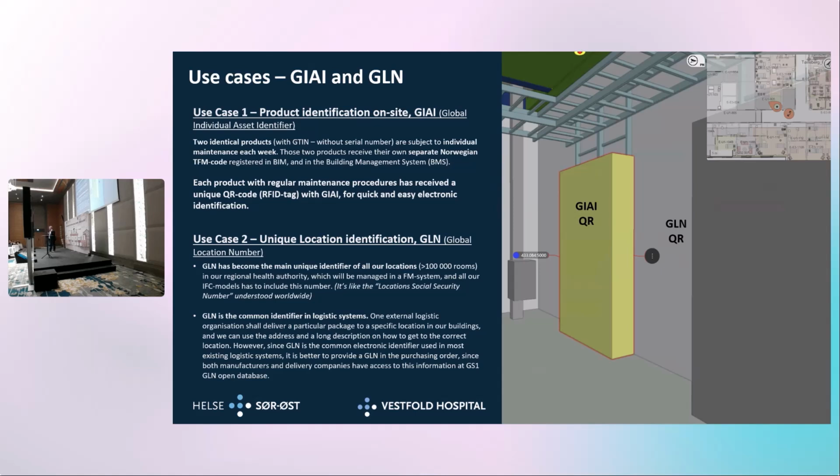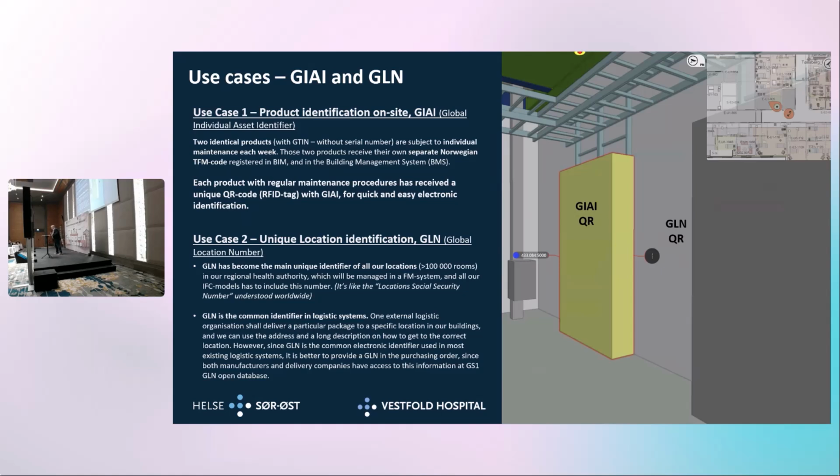So we saw that we need to have another code, and we chose to go for GAI because then we could have separate items which we can use as a QR code and also as an RFID in order to implement that in a way that we could handle the maintenance on the object level. Because in the FM system, we need to have one identification connected to one product. That's for easy electronic identification, as I have written in the presentation here.